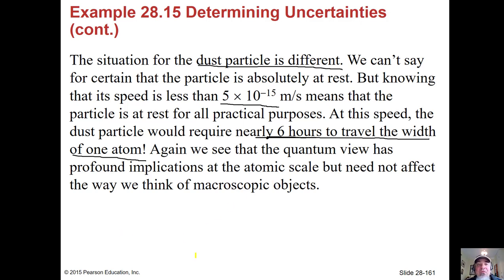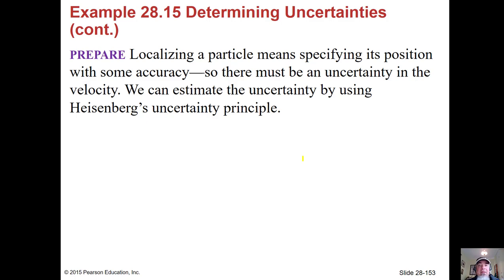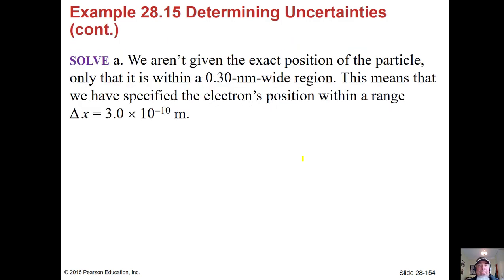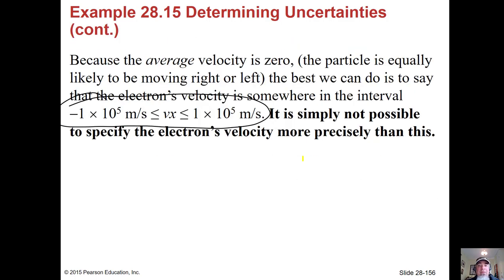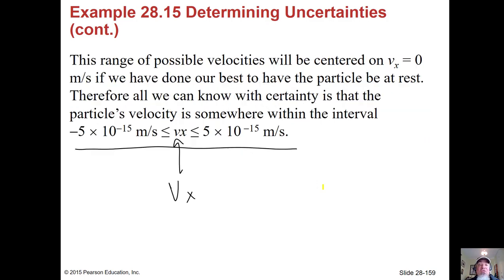So the reason that we're looking at an electron versus a dust particle is for an electron, let me go back. The range here was 2 times 10 to the 5th meters per second. That's a really huge number. That comes out because the electron is exhibiting its wave-like nature.